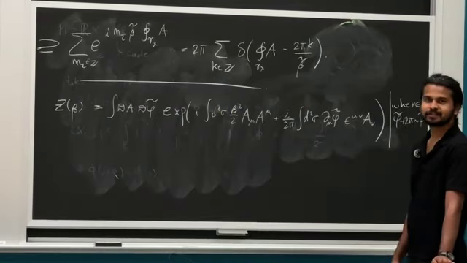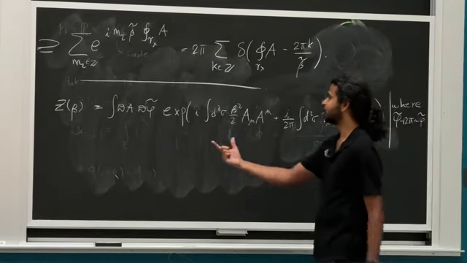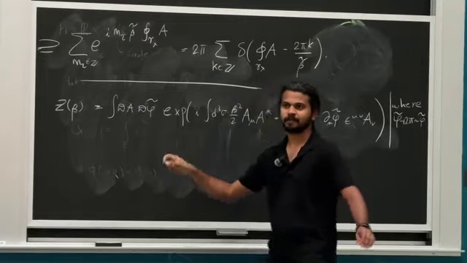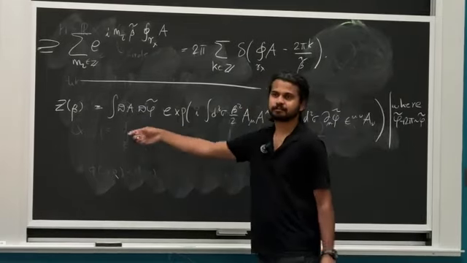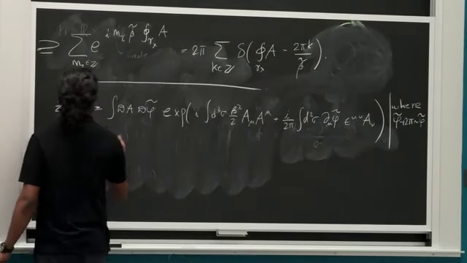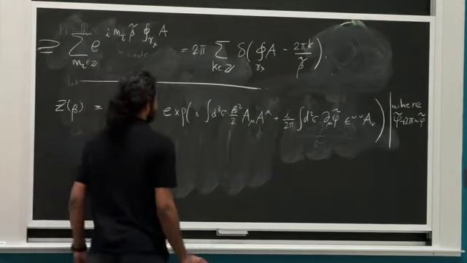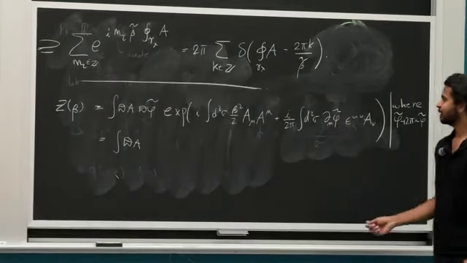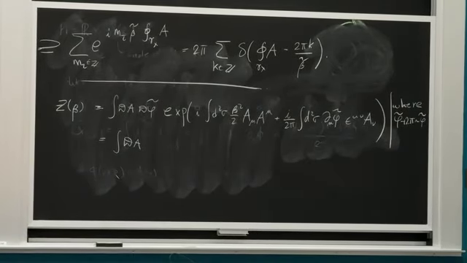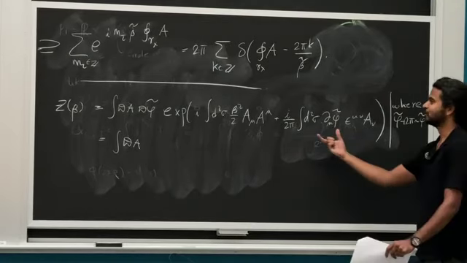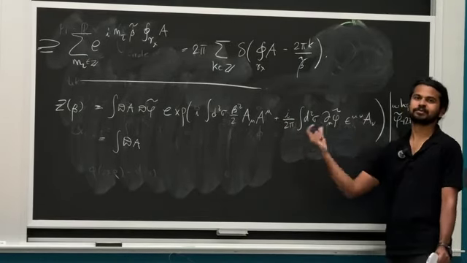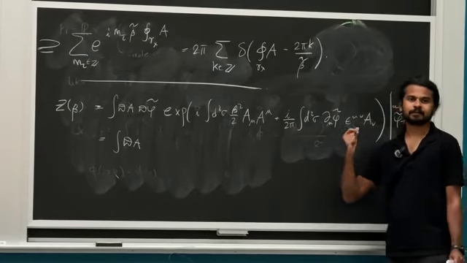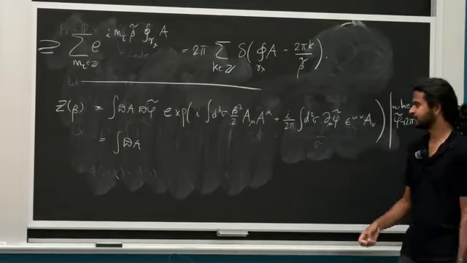Now we do the classic trick of all time. We will switch the order of integration. We will first integrate over A. Okay, this is easy, so I'm going to just skip. You can solve for the equation of motion of A and plug it back in because it's quadratic. The Gaussian approximation is exact.